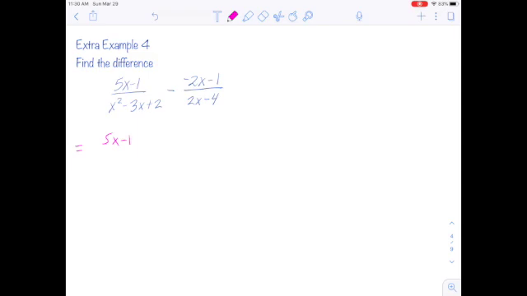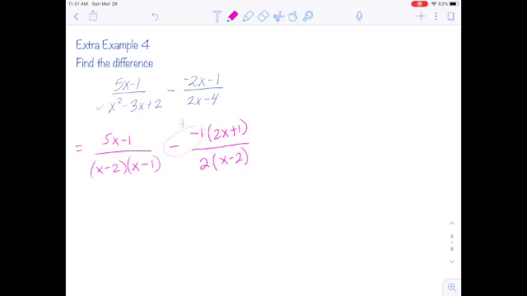So we'll start. 5x minus 1 doesn't factor. You're left with a factor of x minus 2 times x minus 1 as the denominator of your first fraction. And in a similar situation, I'm going to factor out a negative 1 in that numerator and actually end up with just 2x plus 1, divided by, factor out the 2 in the denominator, x minus 2.